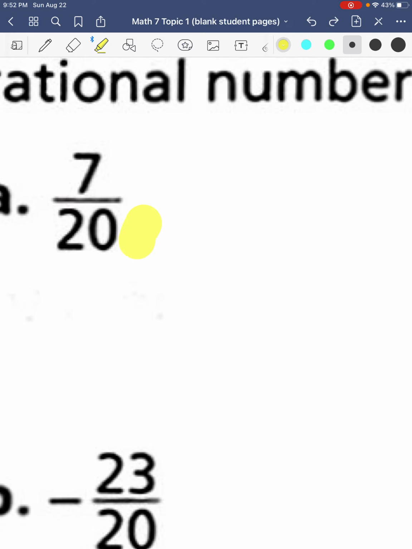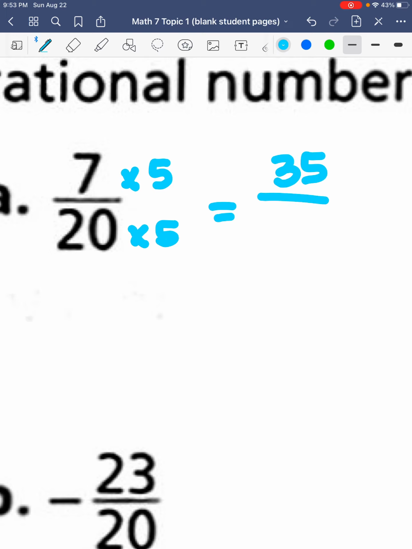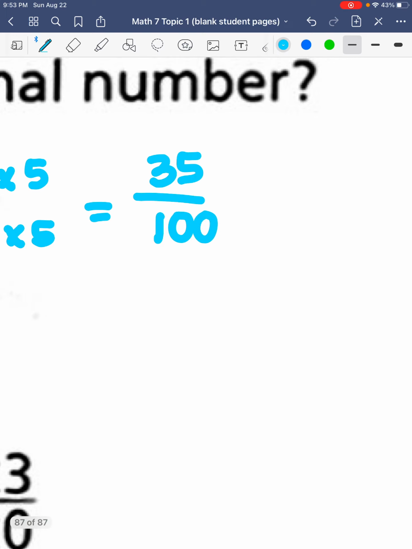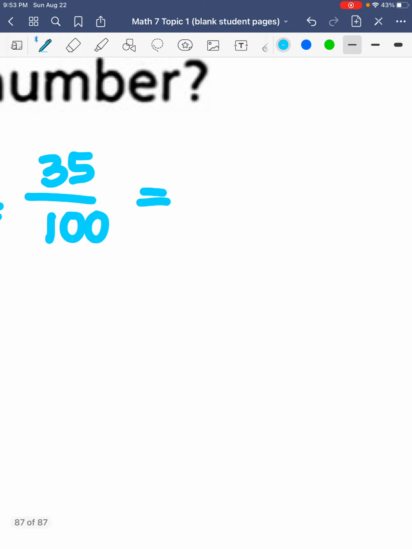Yes, I can. I can multiply by 5 to get to 100. So I'm going to do that on the top and bottom. 7 times 5 is 35. And 20 times 5 is 100. So now that I have it like this, I can write that as a decimal as 35 hundredths.